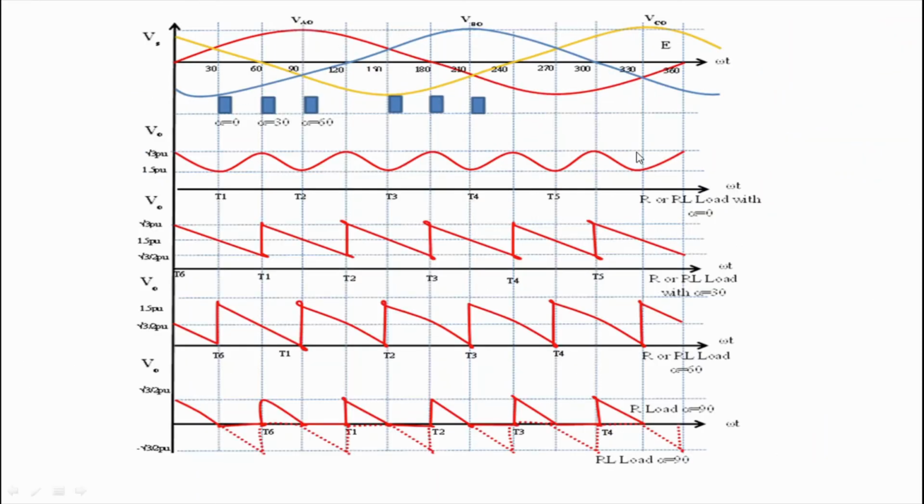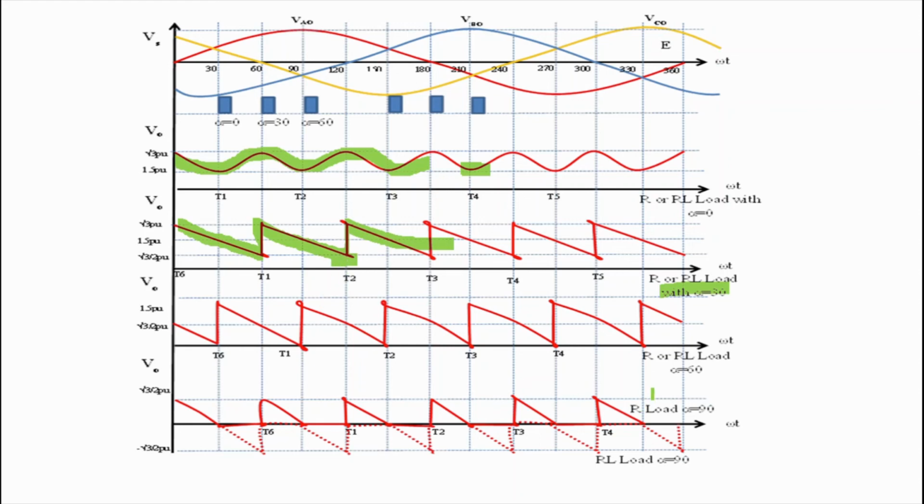So now what is the conclusion of all these waveforms? Here we can see the waveforms for alpha equal to 0, and the minimum value of this waveform is 1.5 per unit. For alpha equal to 30, we get these waveforms, and the minimum value is root 3 by 2.